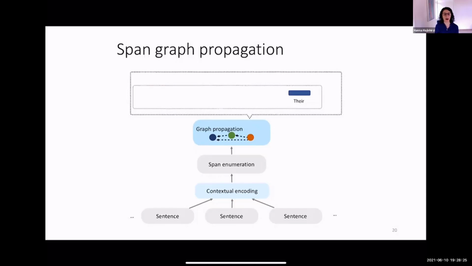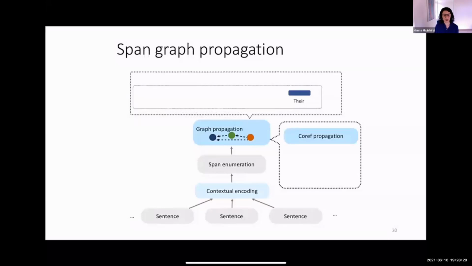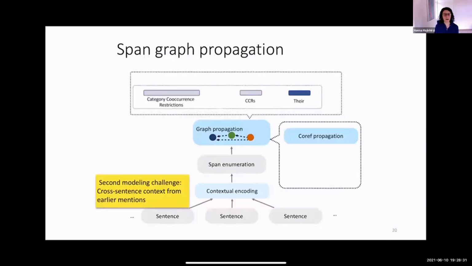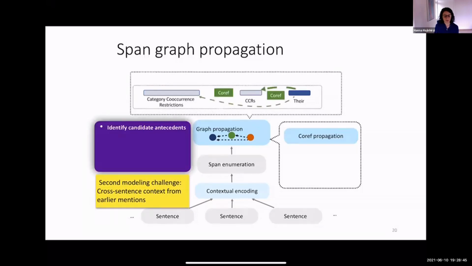Now let's see how we update the encoding of a phrase like "there". We look at the potential mention antecedents that potentially are co-referred with this phrase, like CCR and category co-occurrence restriction. Then we update the representation of this phrase through this co-reference link. How?